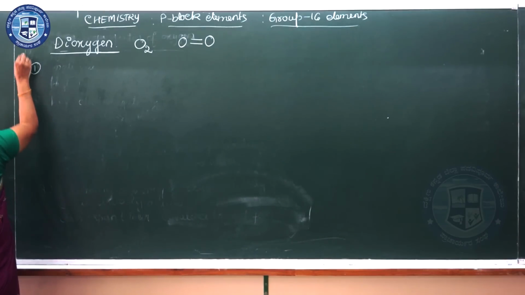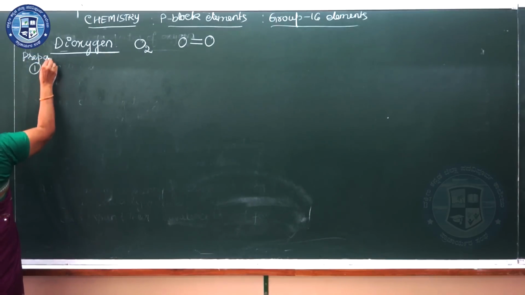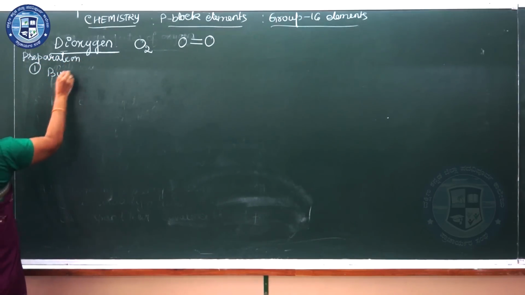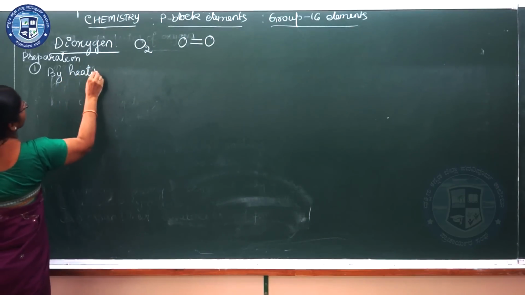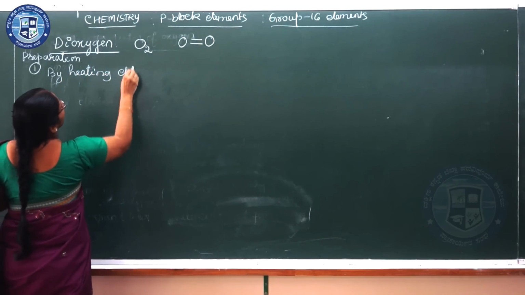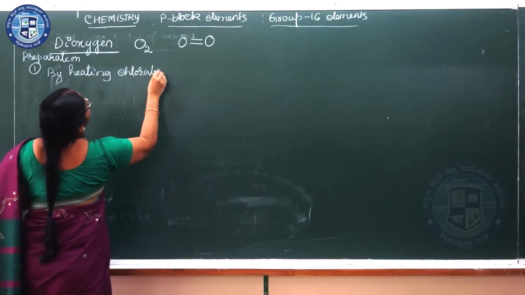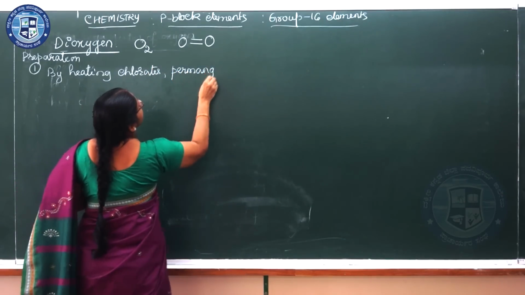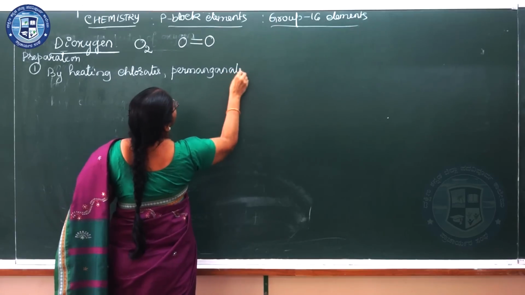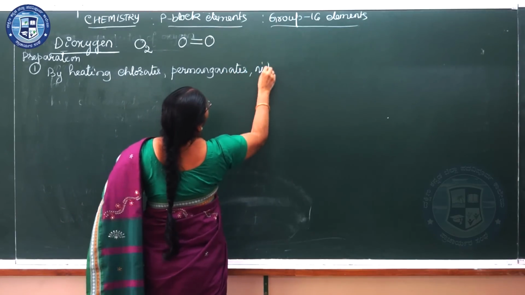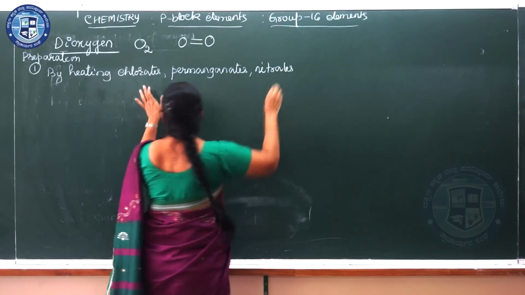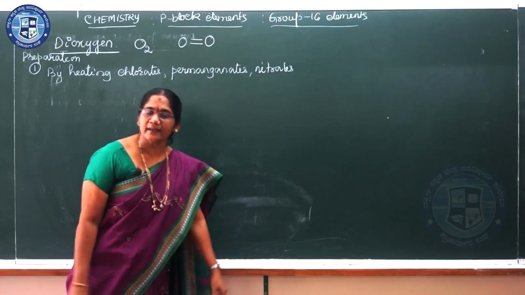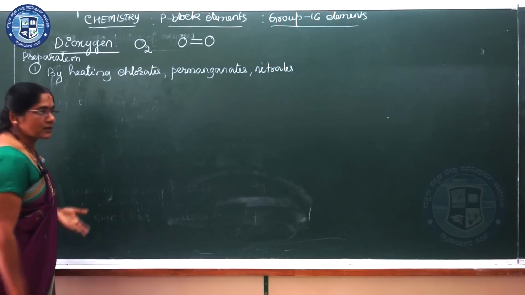Method 1, preparation by heating some chlorates, permanganates or nitrates. So these salts, chlorates, permanganates or nitrates, on heating give oxygen.